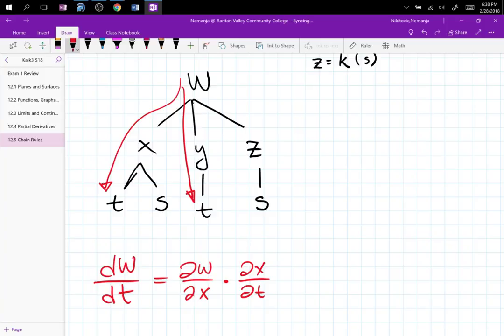I have another branch. Great. Plus partial w, branching, so partial y. And now straight through, dy dt. Yep, because y depends only on one variable, and that's your calc 1. Branching, calc 3, partials. No branching, calc 1, single d. Bueno?